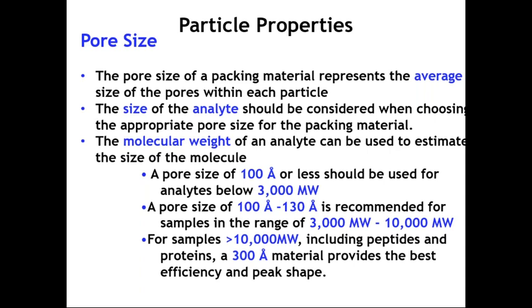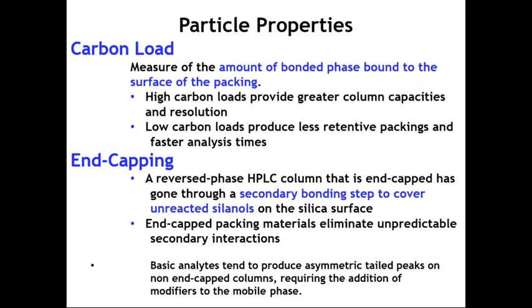So the pore size actually represents the surface area. So that is for the binding of the molecule. So if the surface area is very low and it is a big analyte, this polar-polar interaction or non-polar interaction cannot take place.